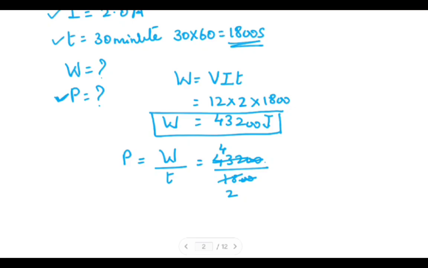Let's divide it, easier for me. 432 divided by 9. 9 4s are 36, so 48.